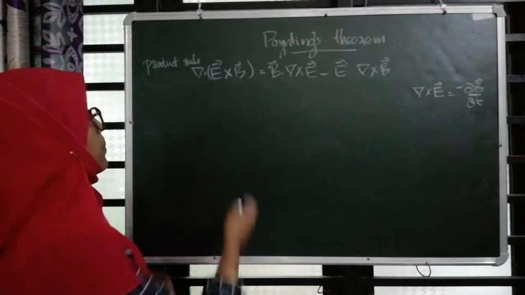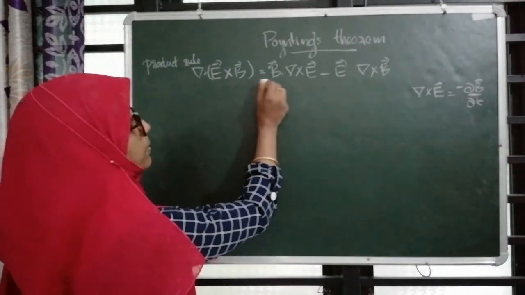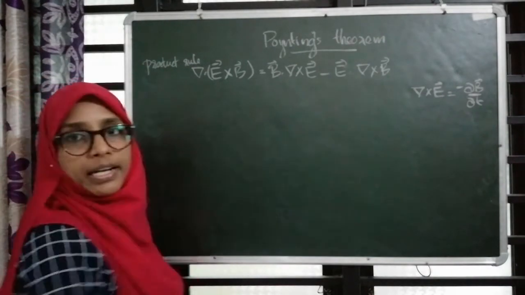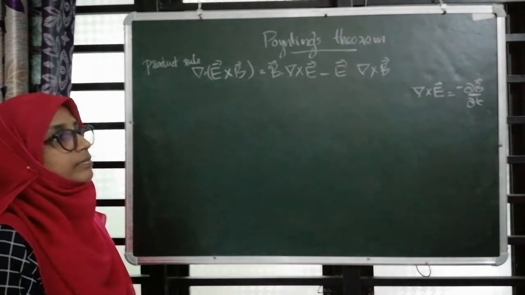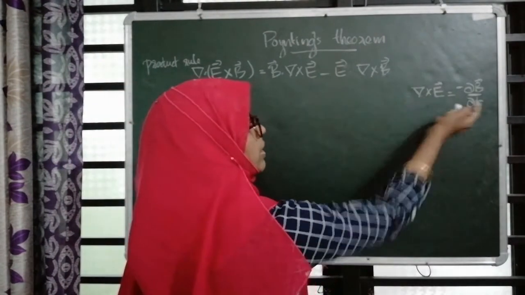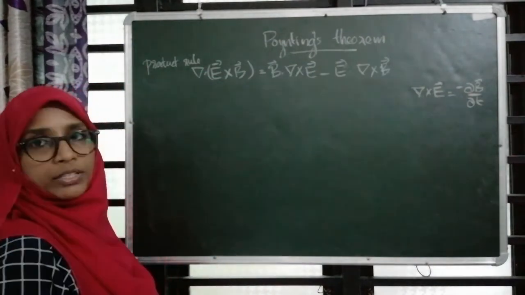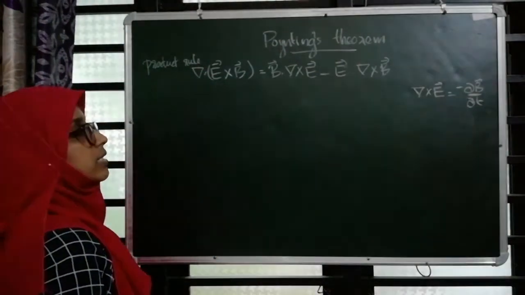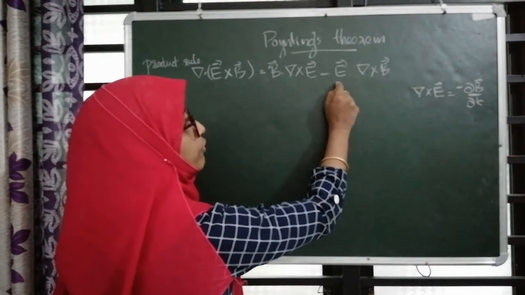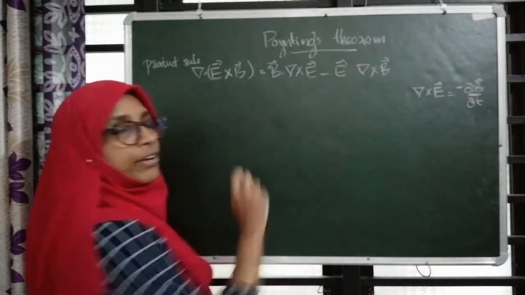Now consider the product rule, del dot E cross B equals B dot del cross E minus E dot del cross B. And also we know Faraday's law, del cross E is equal to minus dou B by dou T. In the equation number 2 we derived before, we have to substitute for E dot del cross B from this equation.